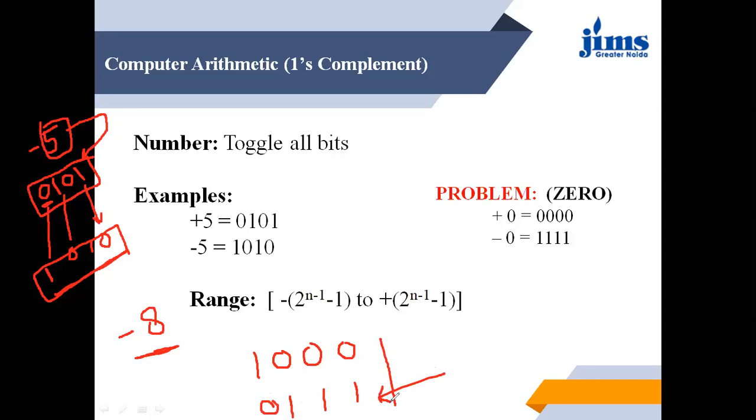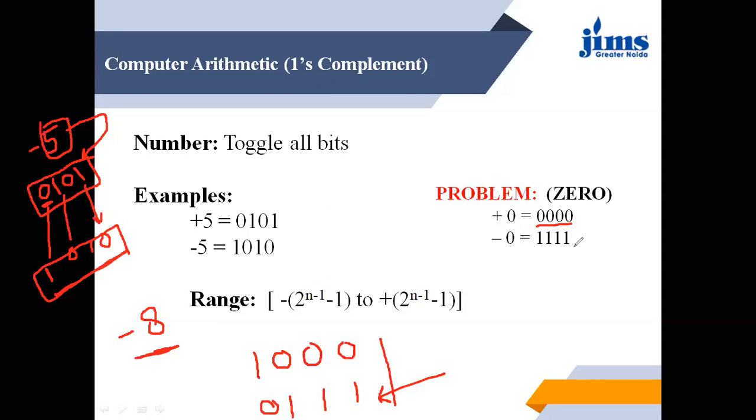Here there is also the problem of ambiguity, as I told you, there are two representations of 0. When I write the value of 0, this is 0 0 0 0, and as I told you, when we find the one's complement of a number, we toggle all the bits from 0 to 1 and 1 to 0.